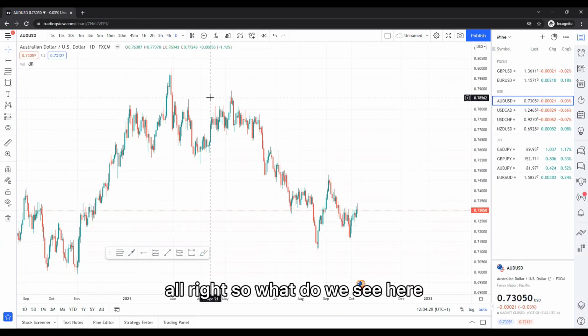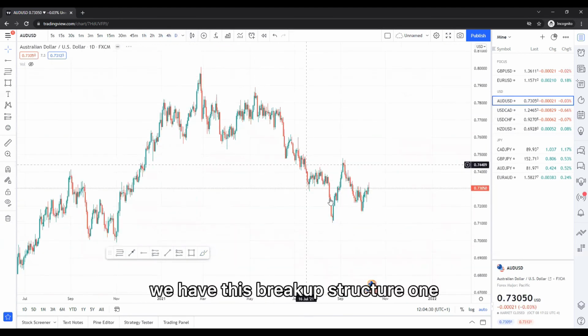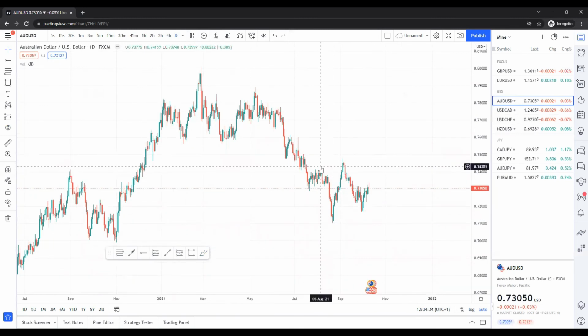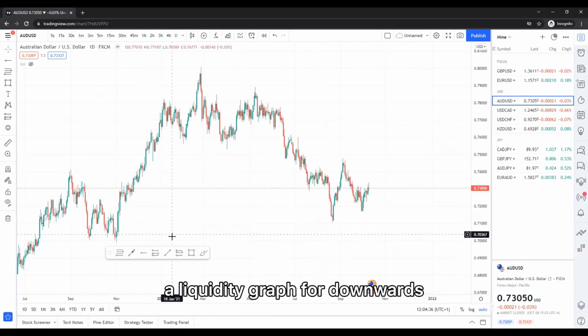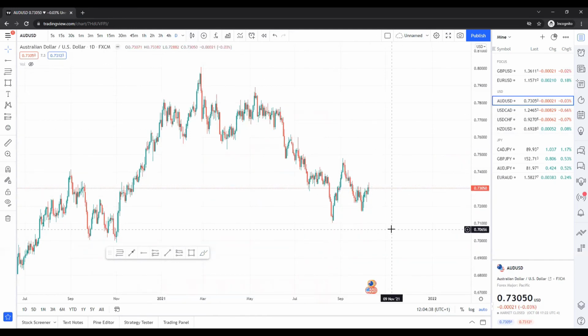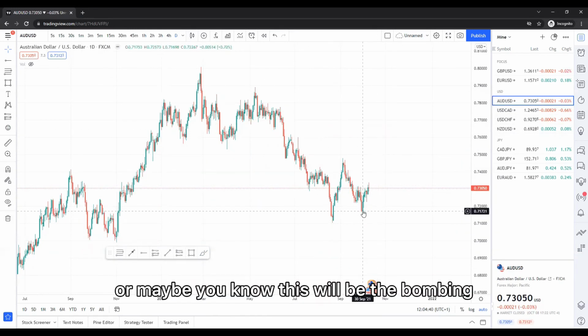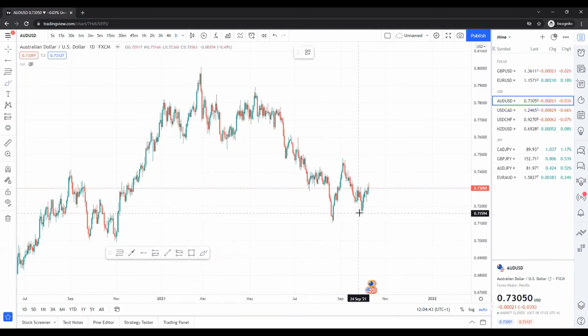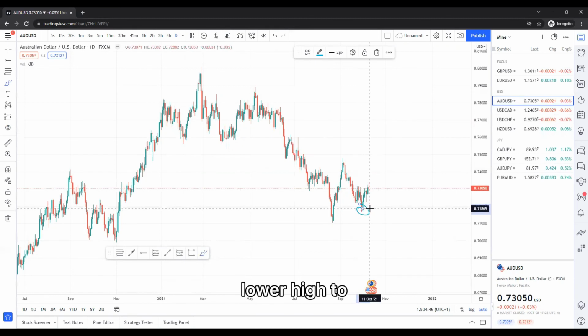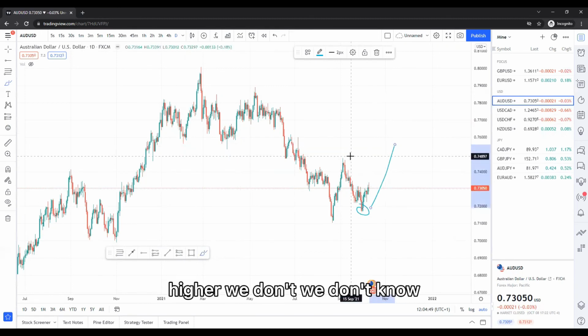All right, so what do we see here? We have this break of structure, which could be a liquidity grab for downwards, or maybe this will be forming the lower high to go higher. We don't know.